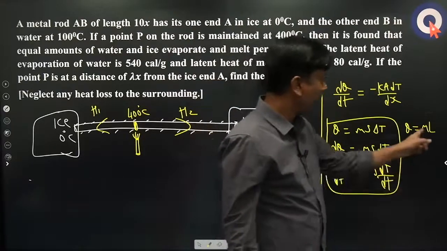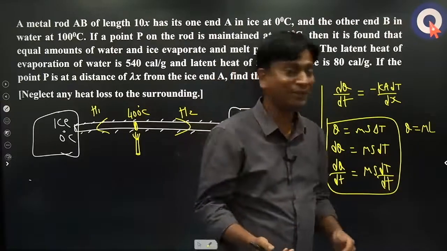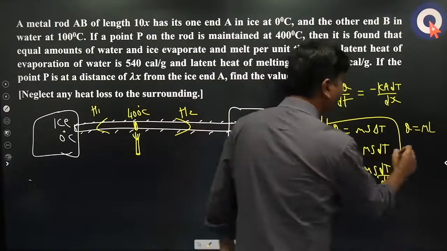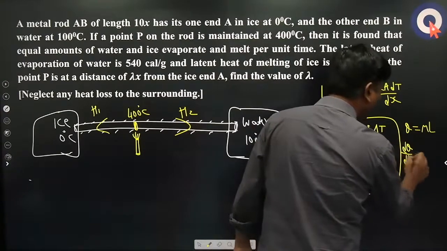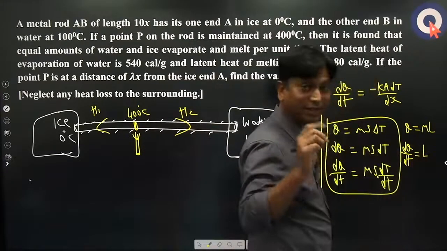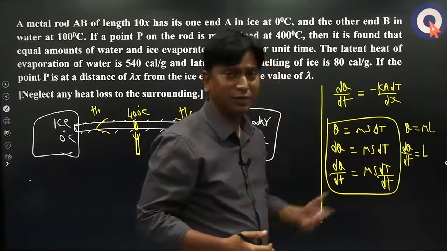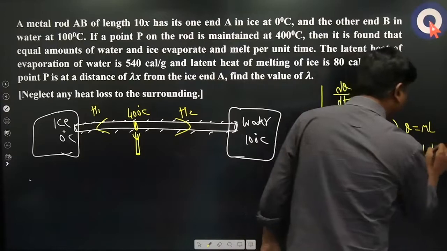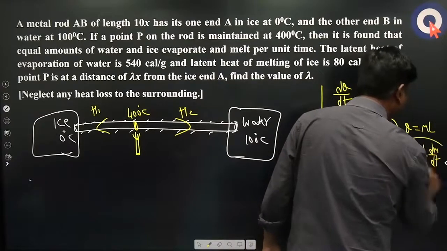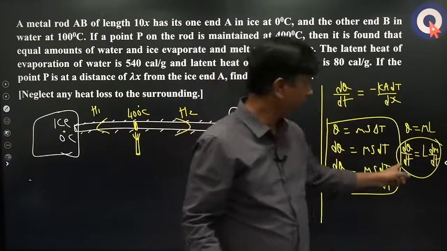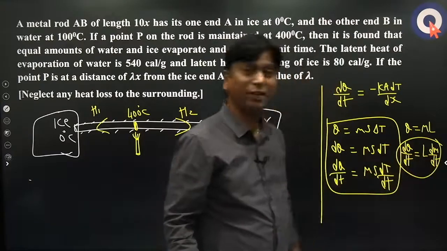At that time, if ice is melting, the rate at which heat is transferred is equal to capital L, which can be either the latent heat of fusion or the latent heat of vaporization, into dm/dt, right or not? So dQ/dt will depend on dm/dt.